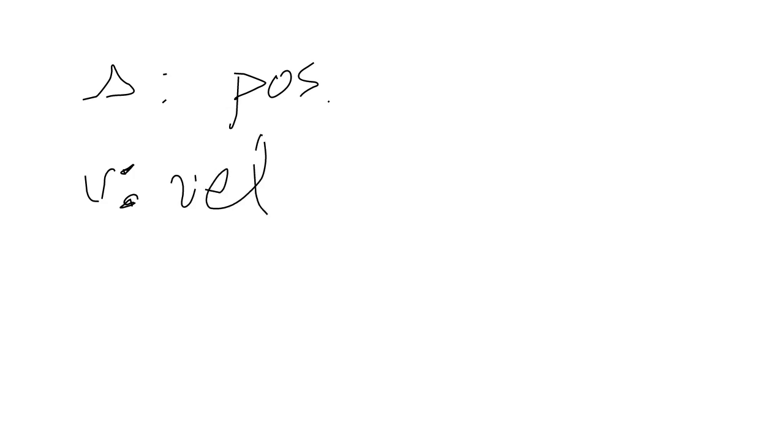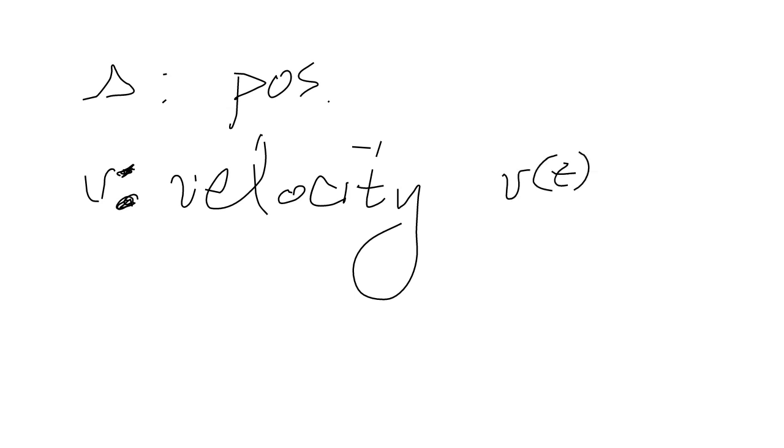All right, so then what else do we need to know in physics? So s is your position function. And then what's the instantaneous rate of change of position with respect to time? Velocity. So v is your velocity. By the way, velocity is two things, speed and direction. So v of t is your velocity at time t.